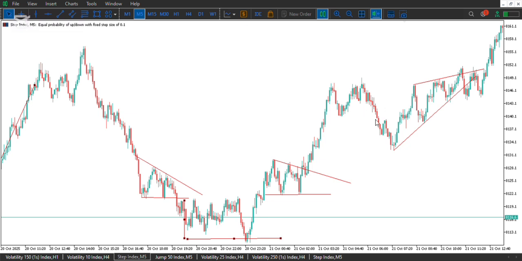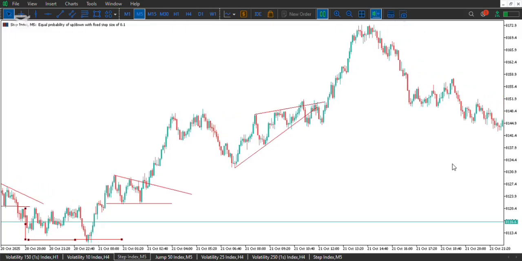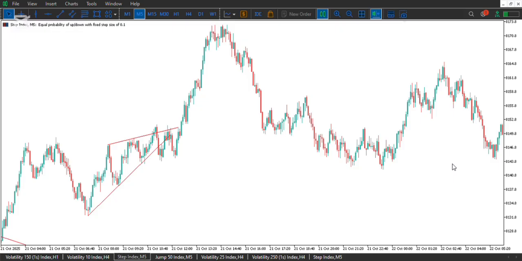It looks more like a rising wedge than a rising triangle. And a rising wedge too is a very good chart formation that works very well when you're trading. But you need to master how to trade it.